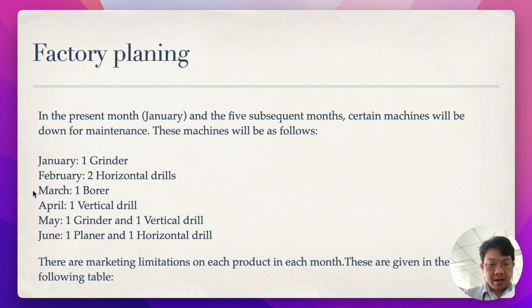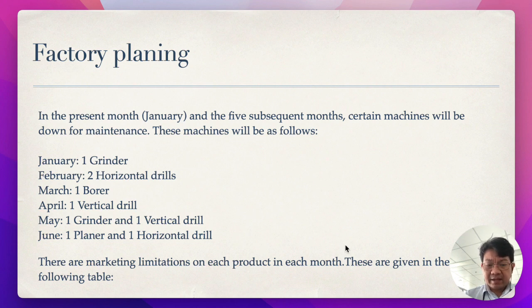And in March, 1 borer needs maintenance, and in April 1 vertical drill needs maintenance, and in May 1 grinder and 1 vertical drill need maintenance, and in June 1 planer and 1 horizontal drill need maintenance.